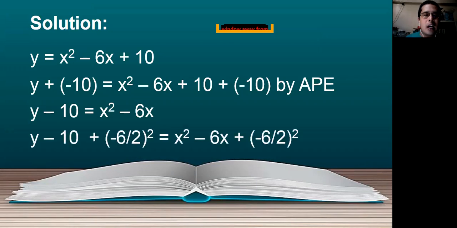So just take half of negative 6. This will be y minus 10 plus, with b as negative 6, negative 6 over 2, then squared. The same goes for the other side of your equation: negative 6 over 2, then squared.